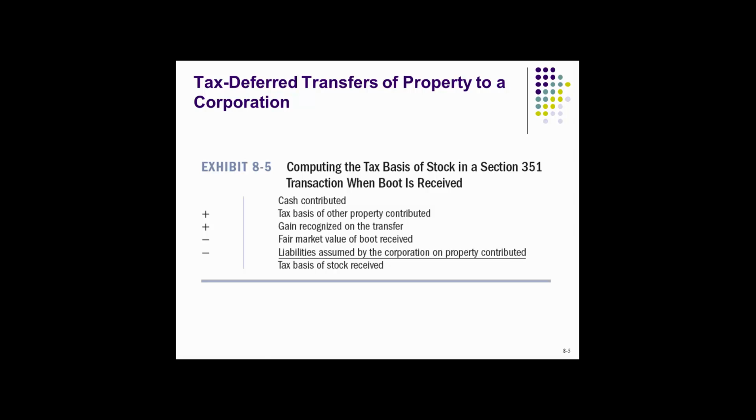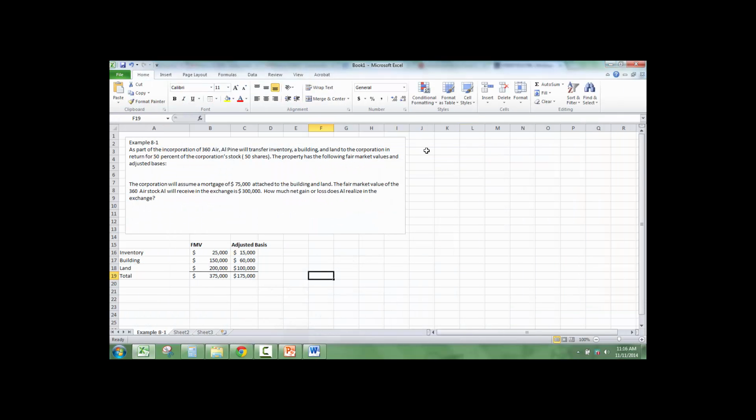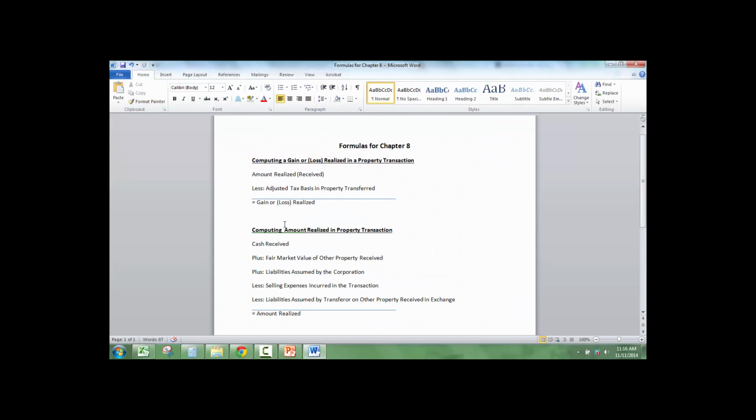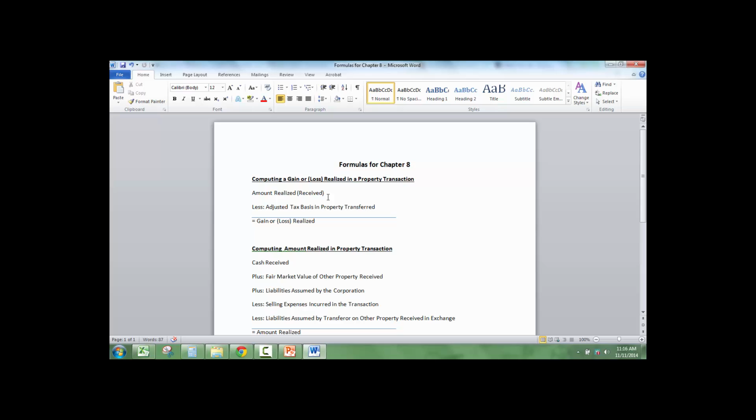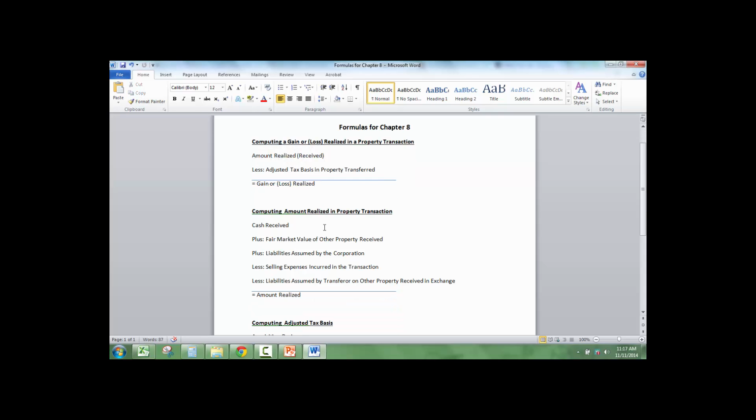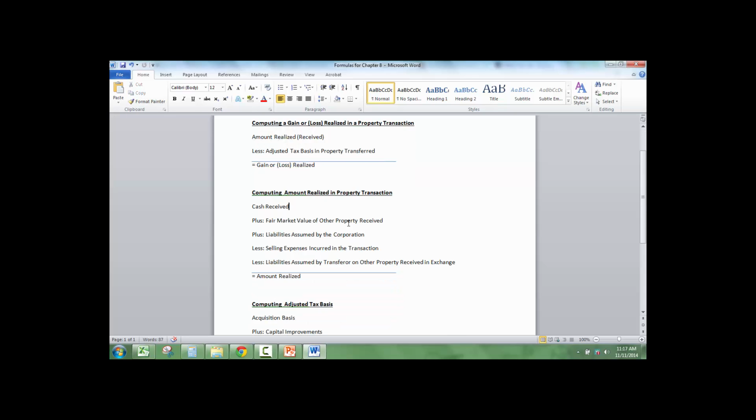So actually we're going to start with a few formulas for this. The very first formula from Chapter 8 is computing a gain or loss realized in a property transaction. Amount realized or received less the adjusted tax basis in the property transferred equals your gain or loss realized. But there are two formulas that you have to know before that, which is computing the amount realized in a property transaction.